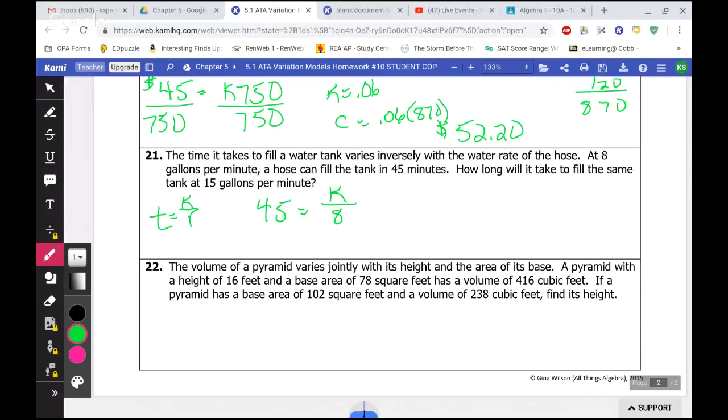So I'm going to multiply both sides by 8. So K is 360.